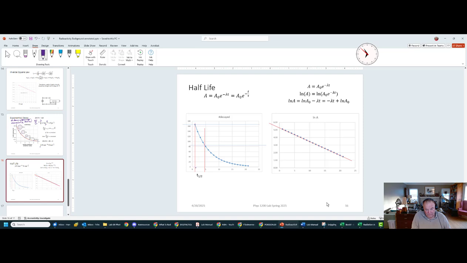Then there's a time here, t1, and then I find another place that's half, 85, and where these two straight lines cross, that's my t2. So this delta t, t2 minus t1, is the half-life right here. And again, you can start anywhere.